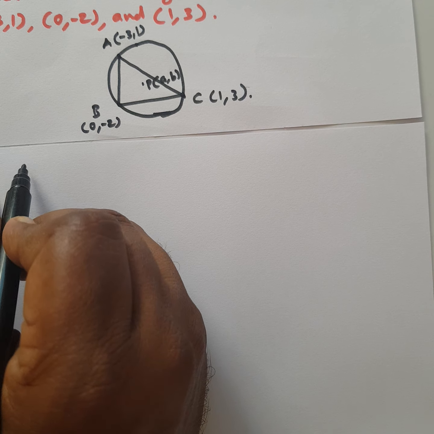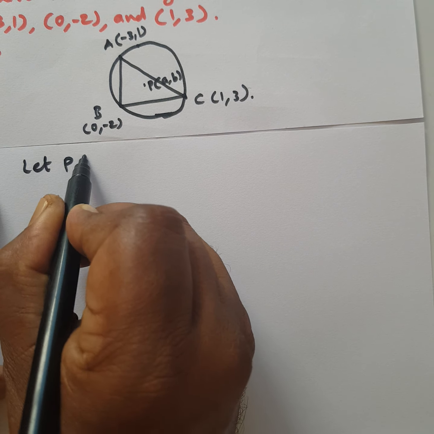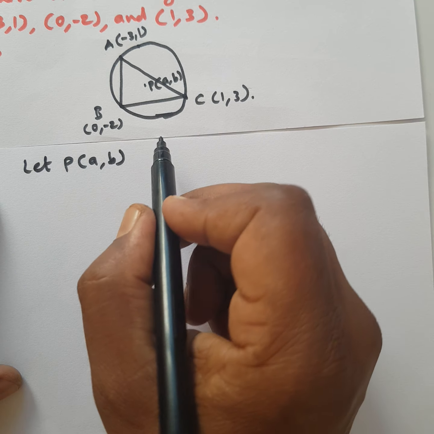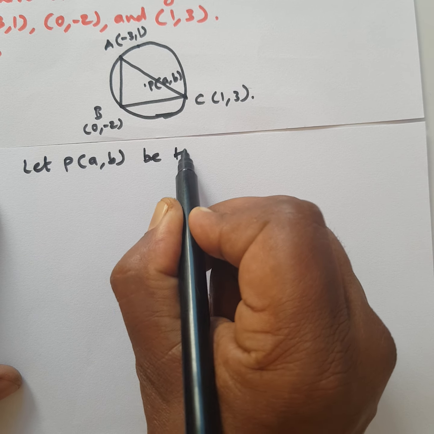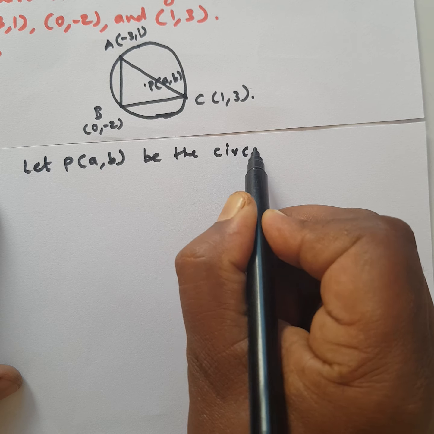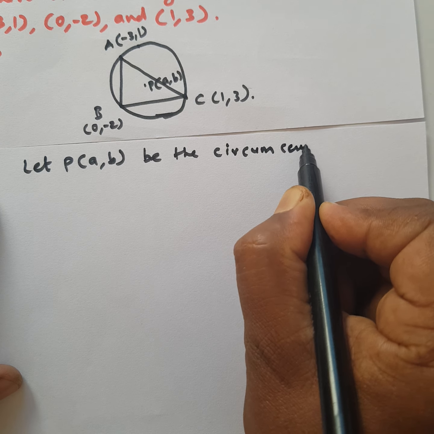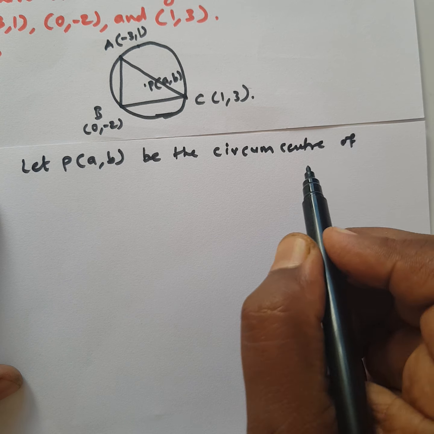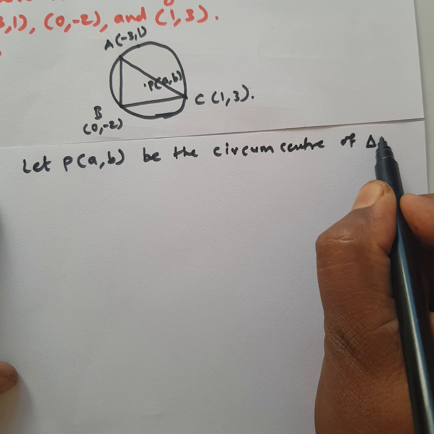We will write here: let P(a, b) be the circumcenter of triangle ABC.